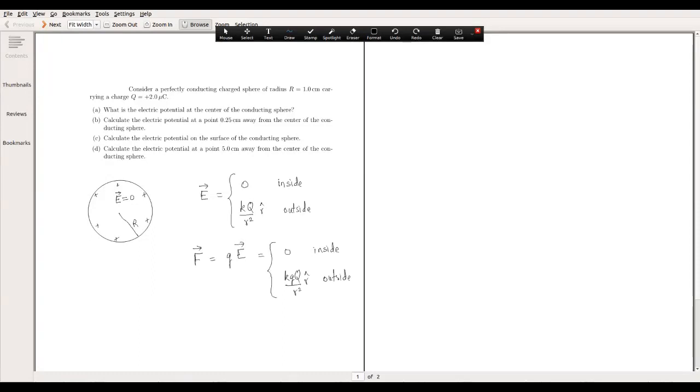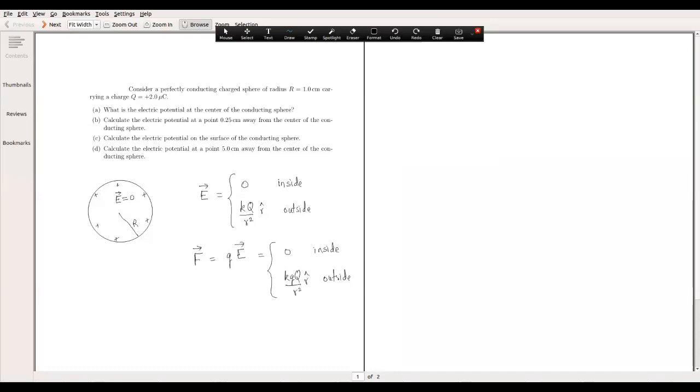So if you had a charge inside, it will just float around when there is no force acting on it. There is no motion associated with it. So there is no electric force on a positive charge in here, even though there are charges on the outside of the sphere, they don't tend to do anything to another charge inside because the electric field is zero.